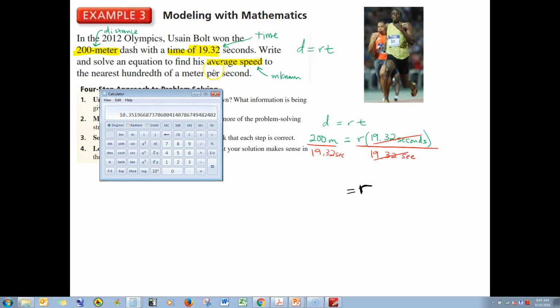But if I look back up here, it says to the nearest hundredth of a meter per second. So I got meters over seconds, which is meters per second. So this is going to be 10 point, let's see, hundredth is 2 decimal places, right? Because you're going to have up to 99 out of 100. So 10.35, and then the next thing is a 1, which tells me to stay at 5. So 10.35.